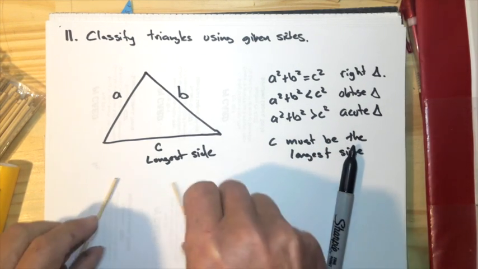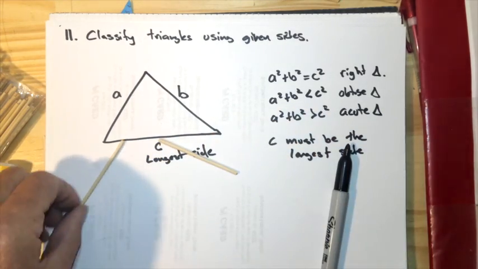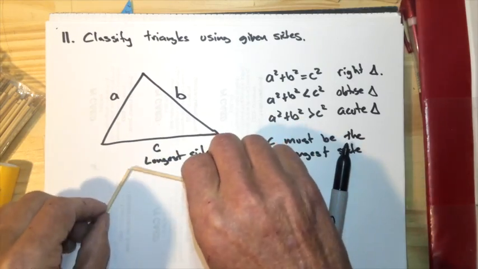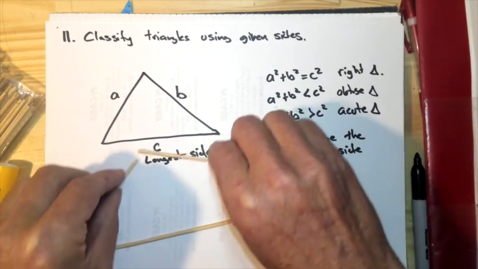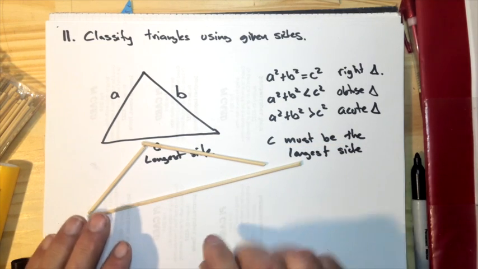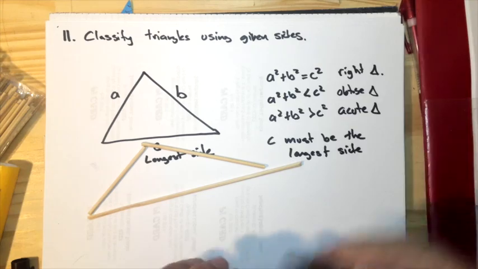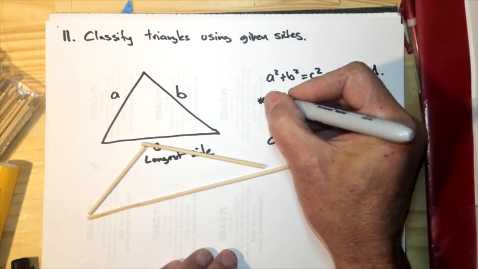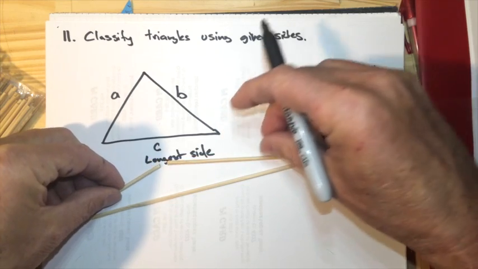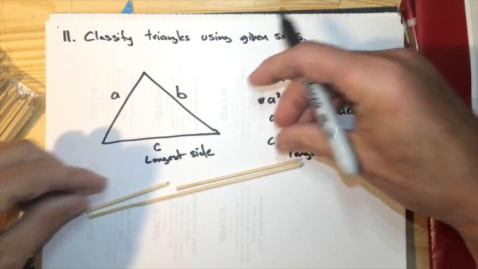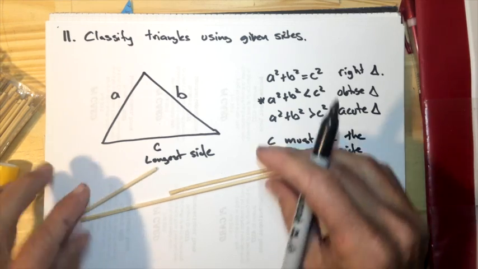However, it does lead to one problem. If I'm given these two sides, A and B, what if I was given another side and it was just too long? You might calculate this, and it might end up being an obtuse triangle, because c squared is certainly bigger than a squared plus b squared. But in this case, I can't really make a triangle with these lengths because they don't reach.